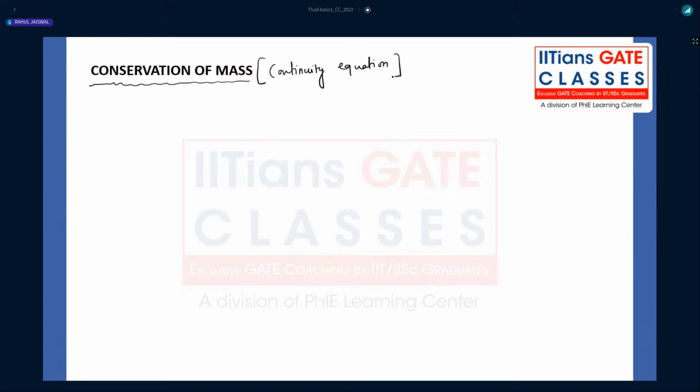Very first thing, before starting our discussion, I would like to ask you, what is the physical significance of studying this conservation of mass? Tell me guys, what is the physical significance of studying this topic? Anyone know? Yes. So conservation of mass basically gives you the validity of fluid mechanics.